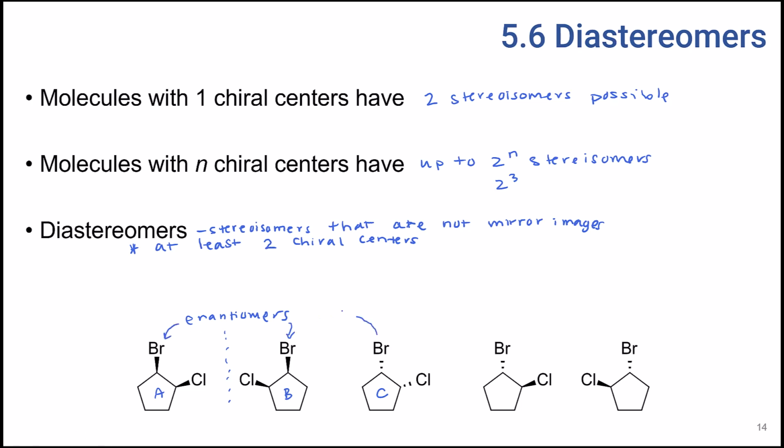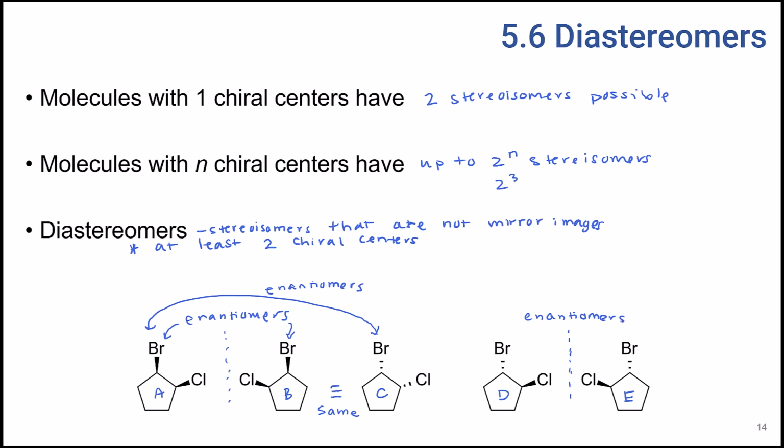These are also enantiomers. If I took B and flipped it over like a pancake, I get C. So these are the same. D and E are enantiomers of each other, because I can draw the mirror image in that plane of symmetry down there.